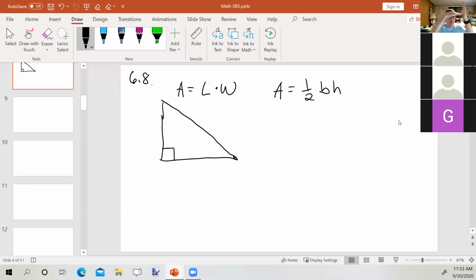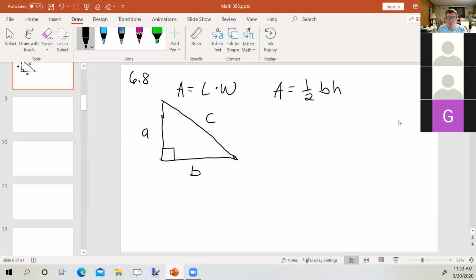A right angle, the two sides are perpendicular or they meet at 90 degrees, okay? If we have a right triangle, the long side is called the hypotenuse, and it's also called side C. The two other sides are called the legs, and they are labeled A and B.